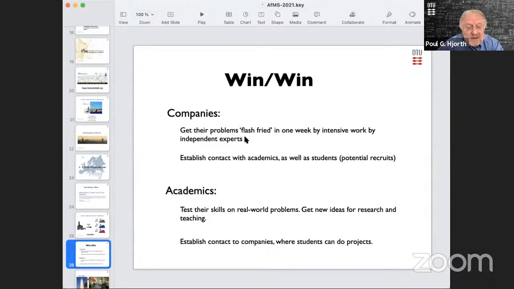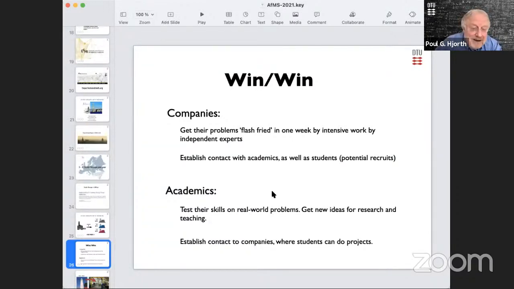And this can mean a lot to companies to have educated specialists look at the issues of modeling or computation that they have. And on the longer run, they establish contacts with academics, and often students are involved, and students can come work at the companies.